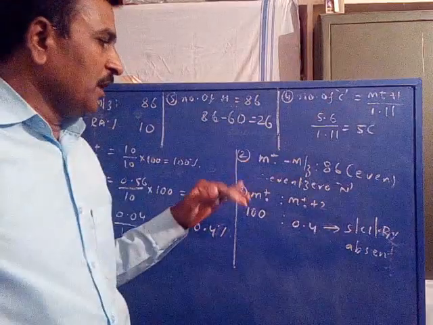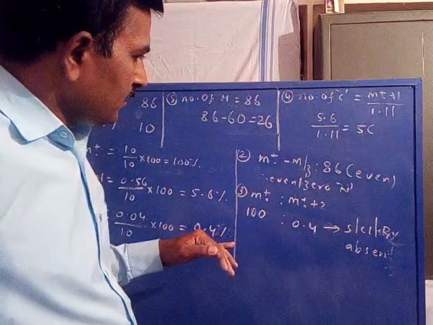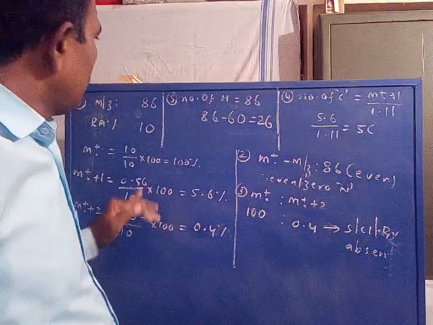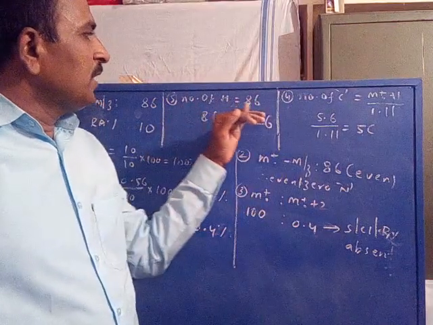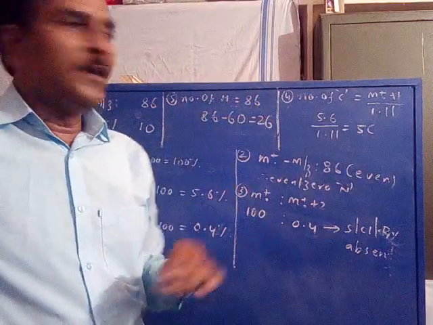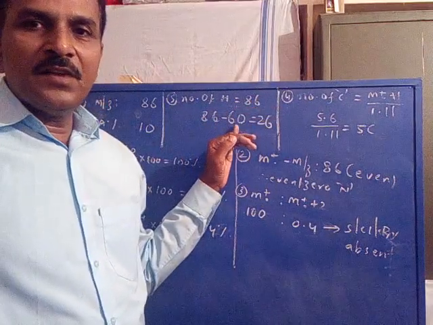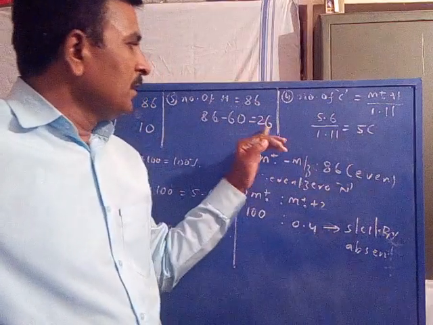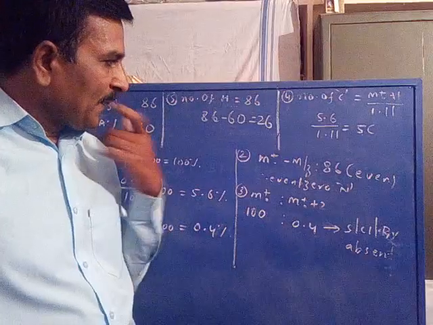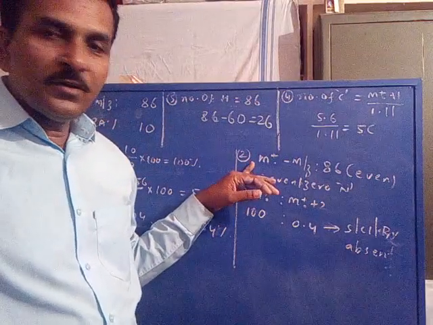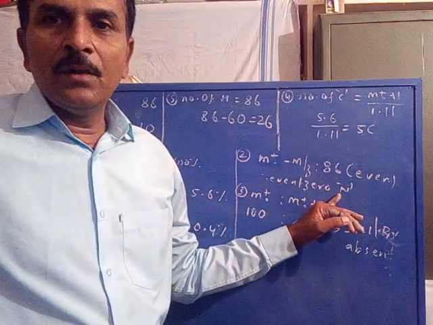Now applying the nitrogen rule, there may be an even number of nitrogens or zero nitrogens.